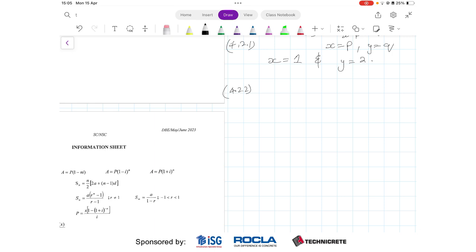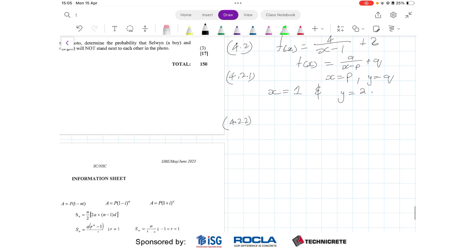4.2.2, we are asked to find the x-intercept of our function, and in order to find the x-intercept of a function, what do we do? We equate our function value to 0. By that I mean we take f at x to be equal to 0, which tells you that 4 over x minus 1 plus 2 equals 0, right? Basic algebra, we have 4 over x minus 1 equals minus 2.